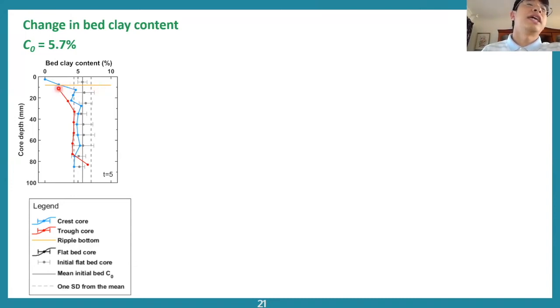So for the layer just below the ripple base, the sediment cores show it had already lost about 40% of the clay content compared to the initial clay content. And below this layer, the clay content was quite close to the initial clay content.